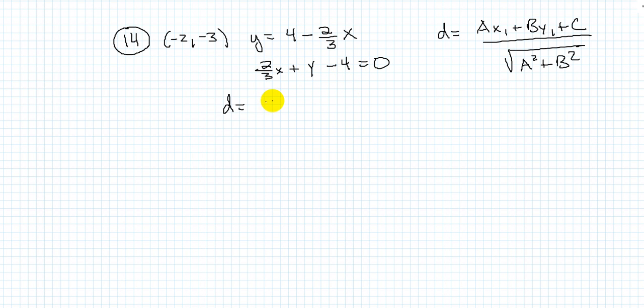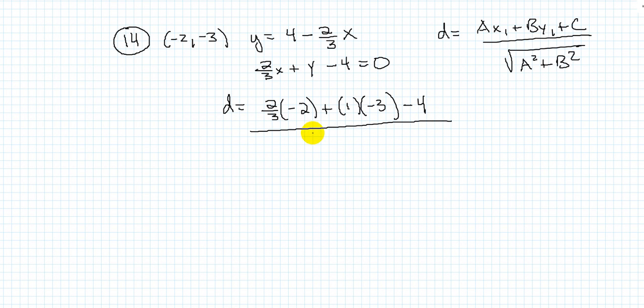And so I would have 2/3 times negative 2 plus 1 times negative 3 minus 4. And since that's negative, this would be positive. Root a squared would be 2/3 squared plus b, which is 1 squared.